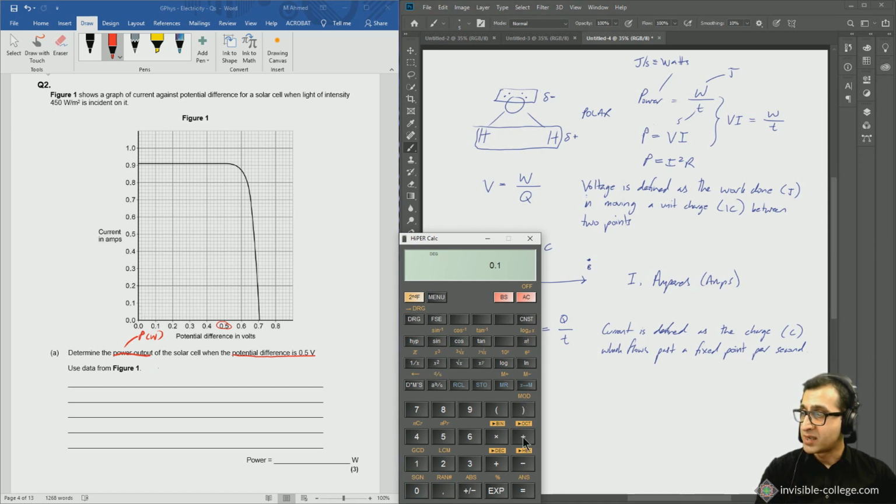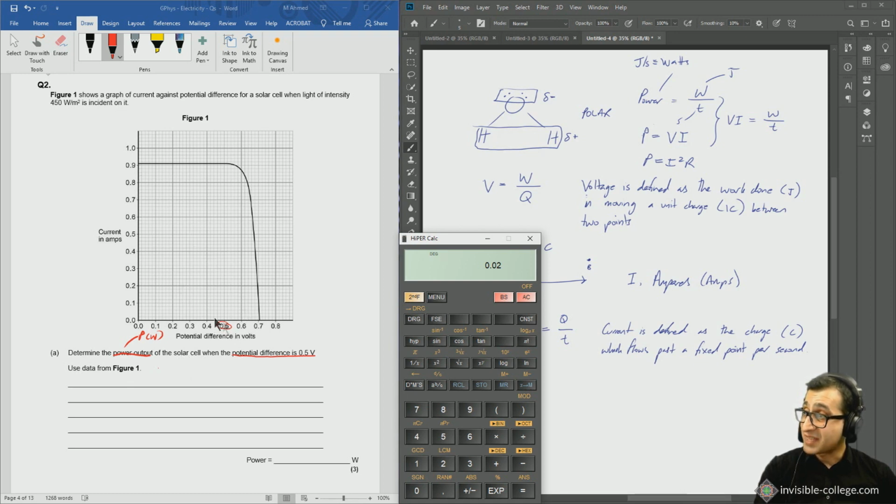So each small square is going to be worth 0.1 divided by 5, which is of course 0.02. So this is 0.9. This small square above the 0.9 is 0.02, and so this is going to be 0.91, this value here.